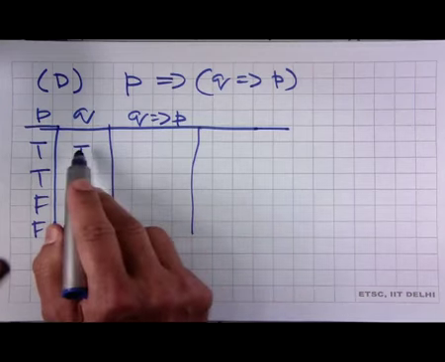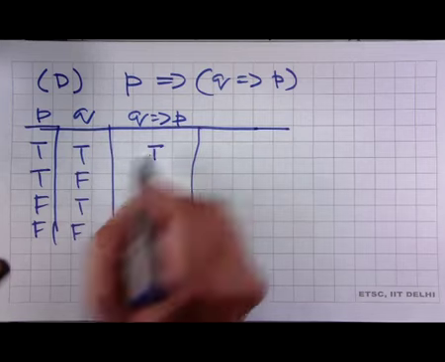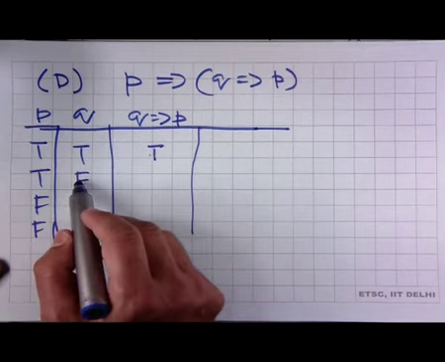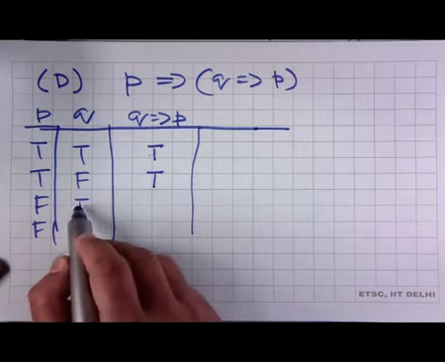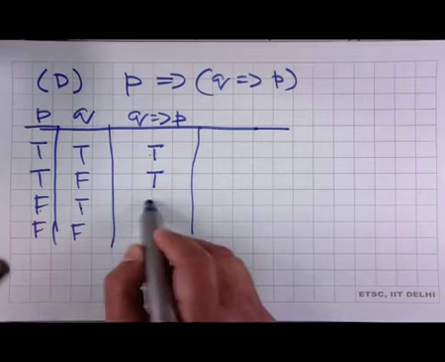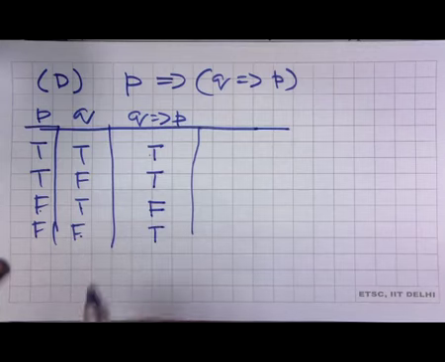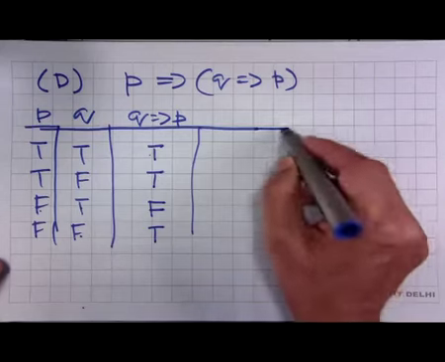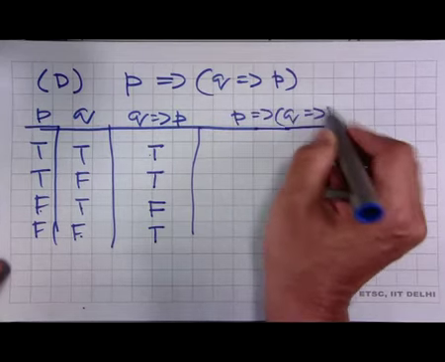True implies true, which is true. False implies true is true. True implies false is false, and false implies false is true. Therefore, what is going to be P implies Q implies P?